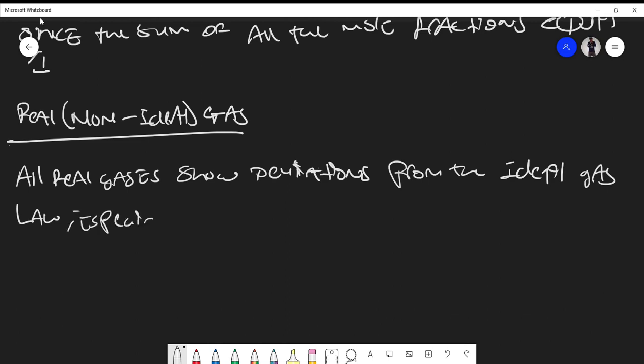especially at high pressures and low temperatures.